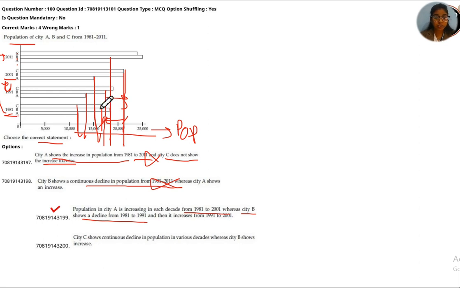This is a 1981 and this is a 1991. Decline. Okay, so B was over here. And now it is getting over. Yes, it is getting declined. And then it increases from 1991 to 2001. Yes, it is getting increased. So option C is your correct answer.